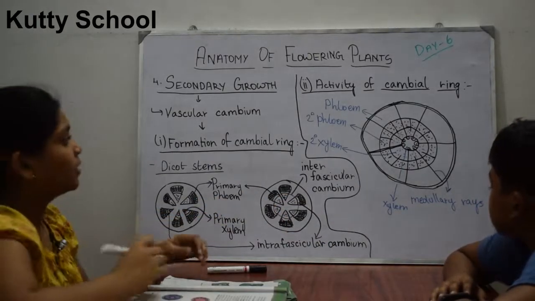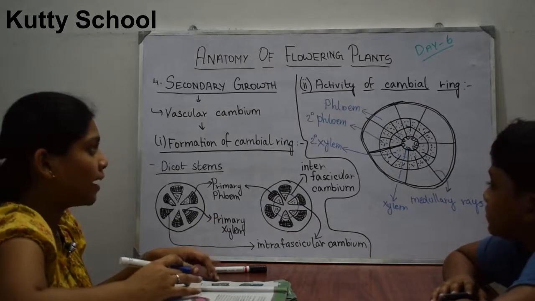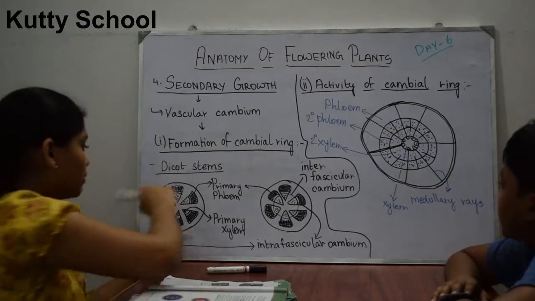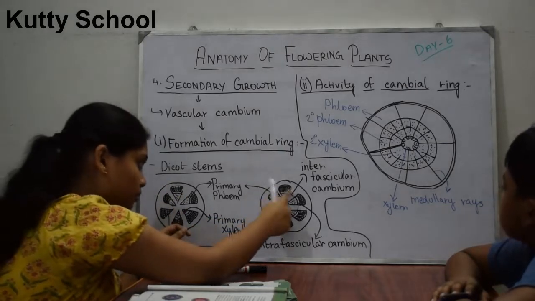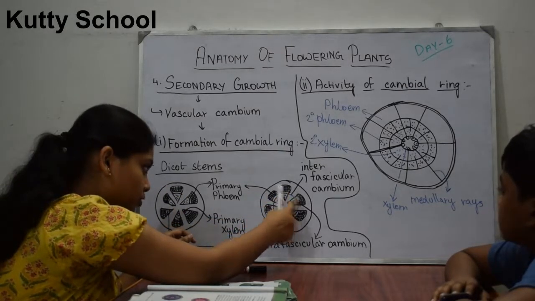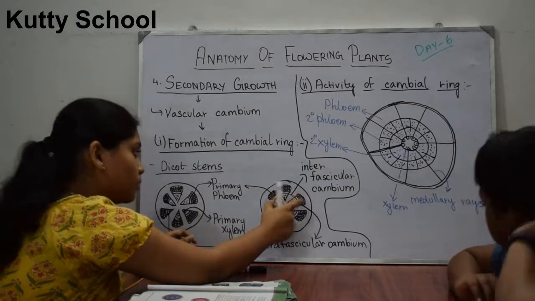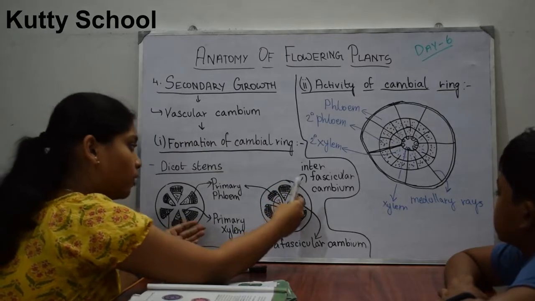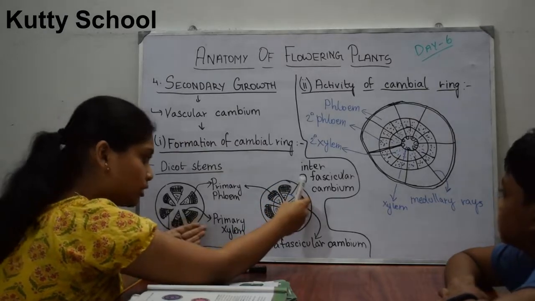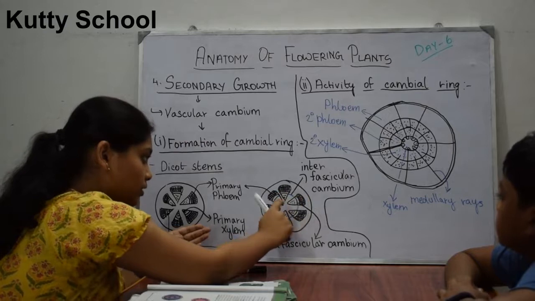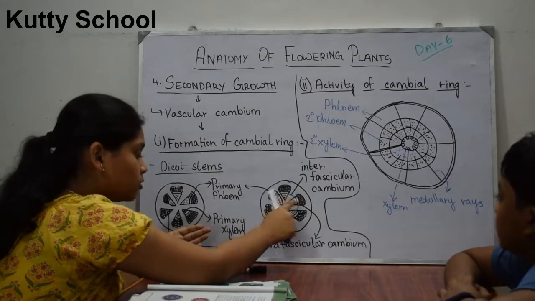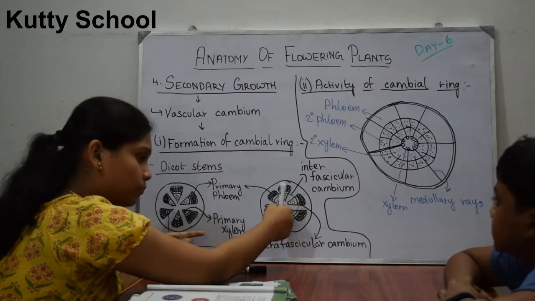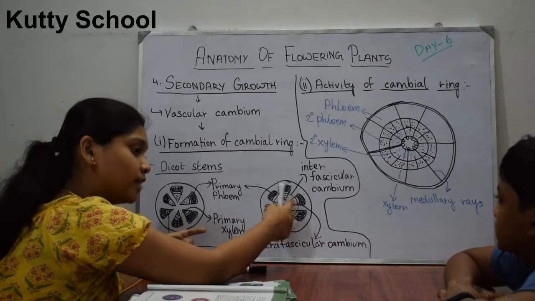Now, what is the activity of the cambial ring? How does it divide? This cambium is a ring-like structure. It divides on its inner side as well as its outer side. When this cambium divides on the inner side, towards the xylem, it forms secondary xylem.